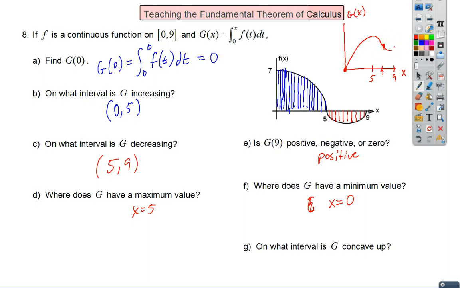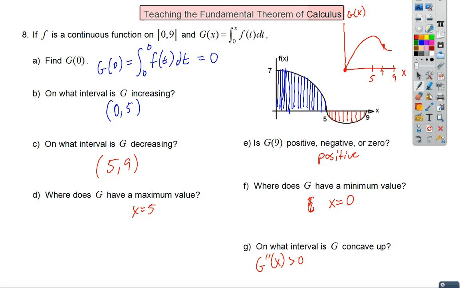But how can I show that given the graph that I was given in terms of f? Well, let's look. What does it mean to be concave up? That means that g double prime of x has got to be greater than 0.